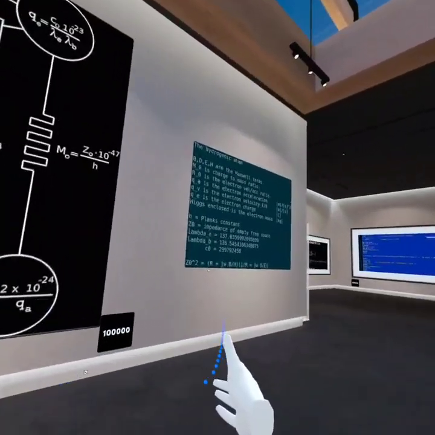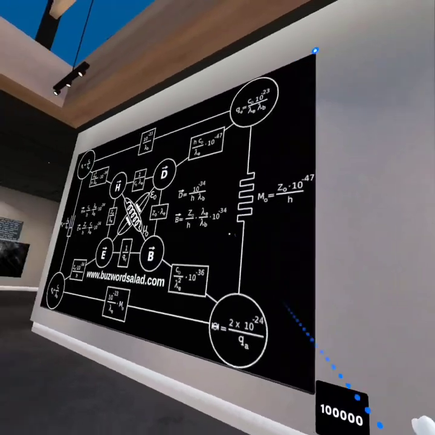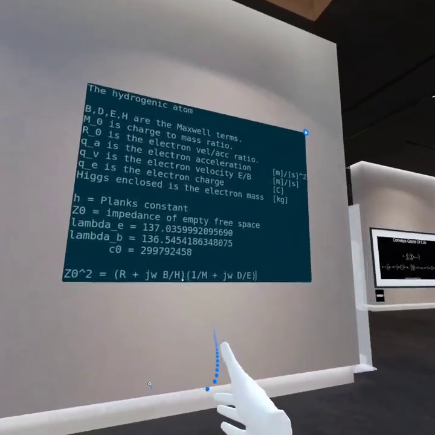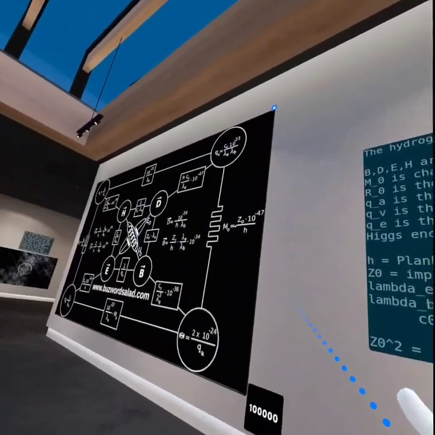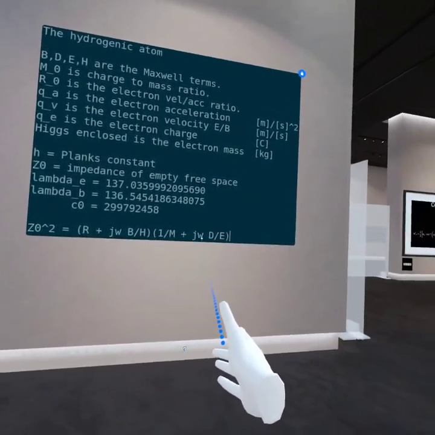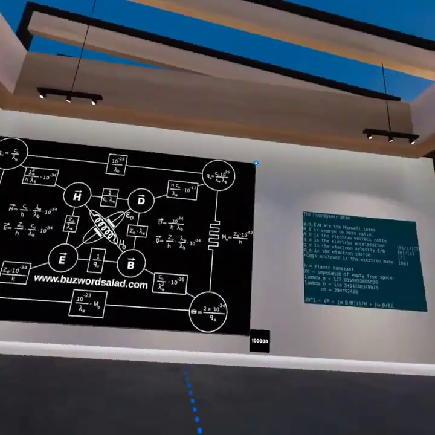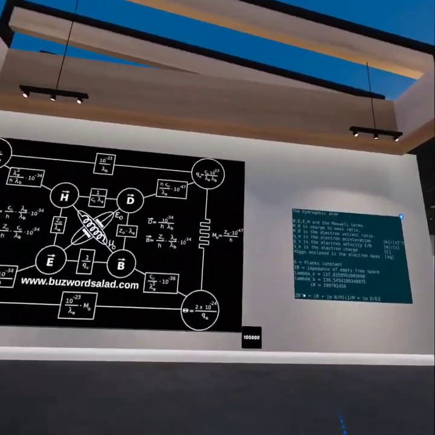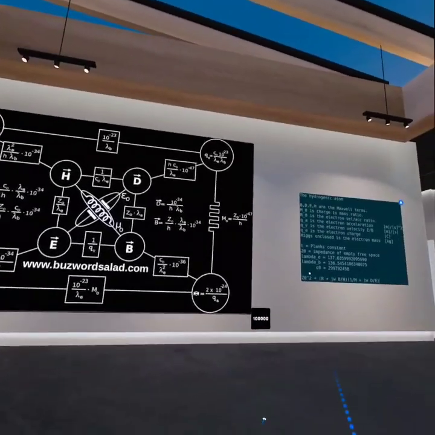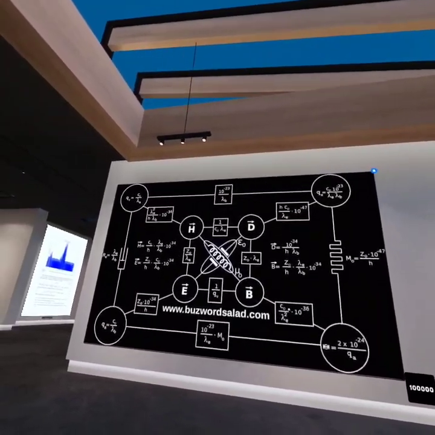And that is the standard transmission line equation, R plus j omega B over H, which is mu naught, multiplied by 1 over m, because we need the reciprocal of that, because we're looking for the standard wave ratio, and the j omega D over E. If you want to know how the transmission line equation works, there's plenty of that on the internet to go and find out. I think all these other values are pretty self-explanatory.